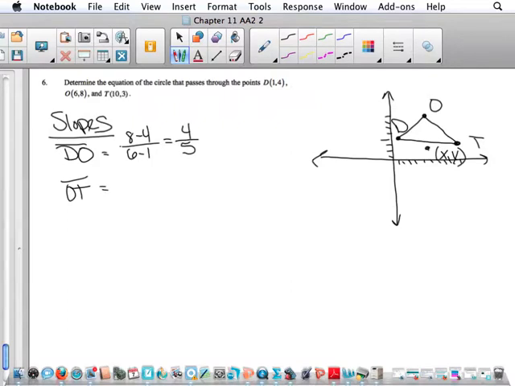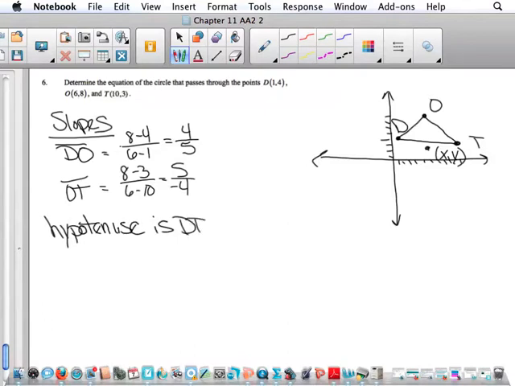The slope of OT is 8 minus 3 over 6 minus 10, so I have -5/4. So that proves that this is a right triangle with the hypotenuse DT. So I just need to find the midpoint of the hypotenuse, and I will find the center of this circle.